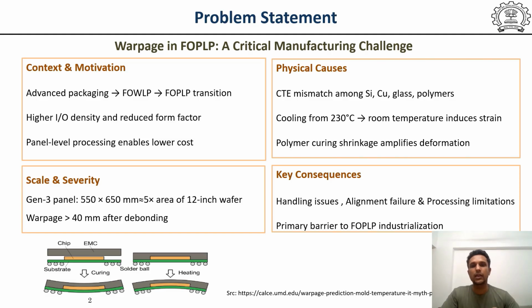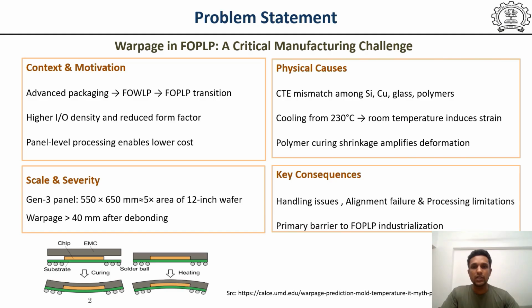For a panel level package, the problem is especially severe. For a Gen 3 package, for example, the dimensions are 550 by 650 mm, which has 5 times the area of a 12-inch wafer. Warpage can exceed approximately 40 mm after debonding, which is a huge number if you see.